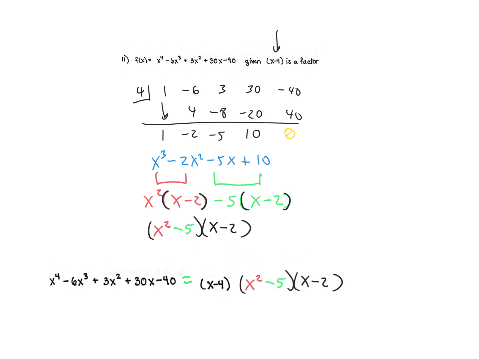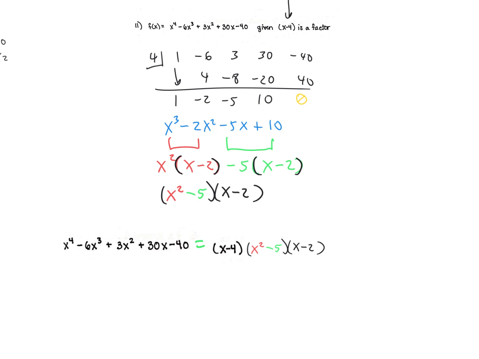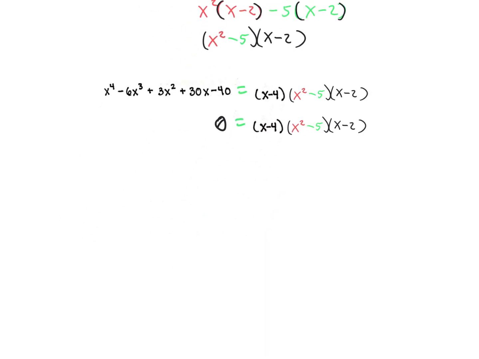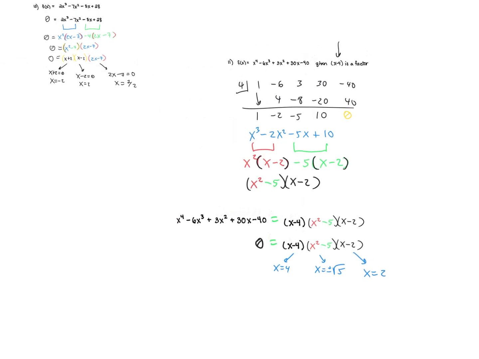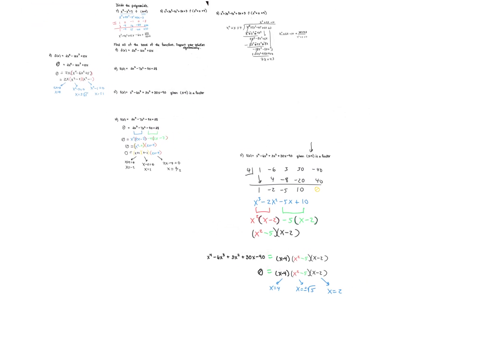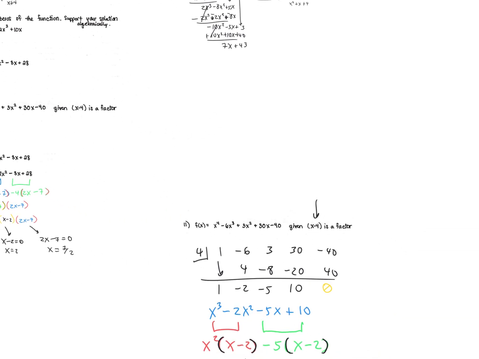So that would be the ultimate factorization, but of course we want to set that equal to zero and solve. So all of that factorization is set equal to zero, and due to this, x equals 4, due to this, x equals plus or minus radical 5, and due to this, x equals 2. Hopefully that makes sense. So that's number 11. Okay, moving on.